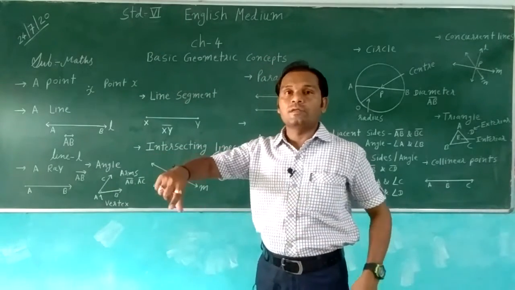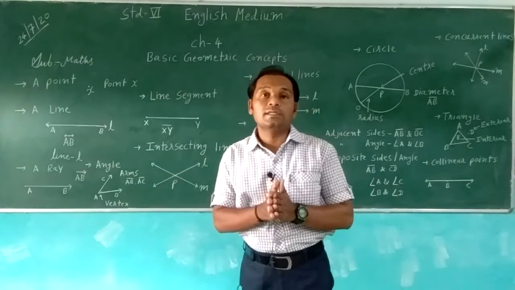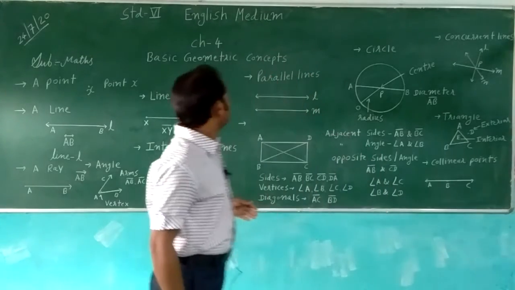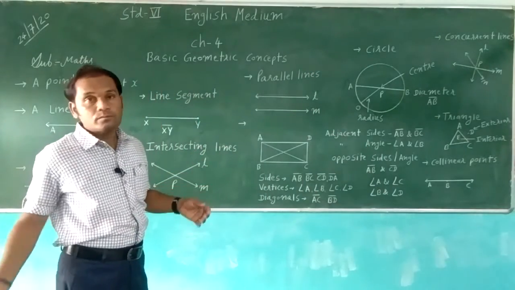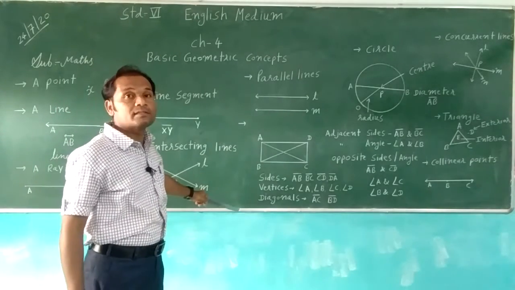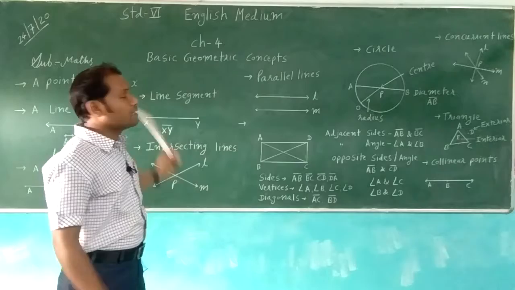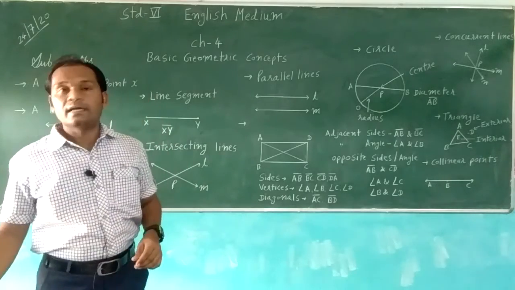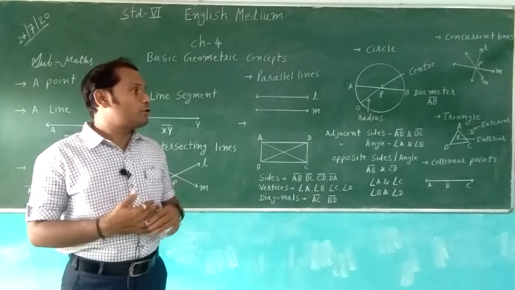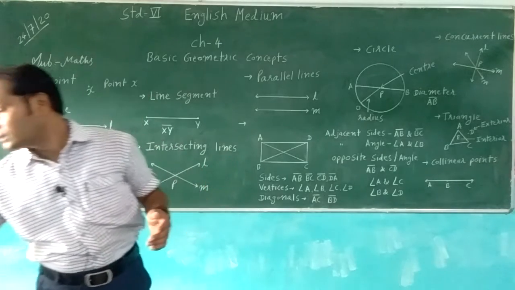The tracks are moving but they do not meet with each other, so both are parallel. Here the two sides of the board, one side and another side, are parallel lines because they do not meet with each other.